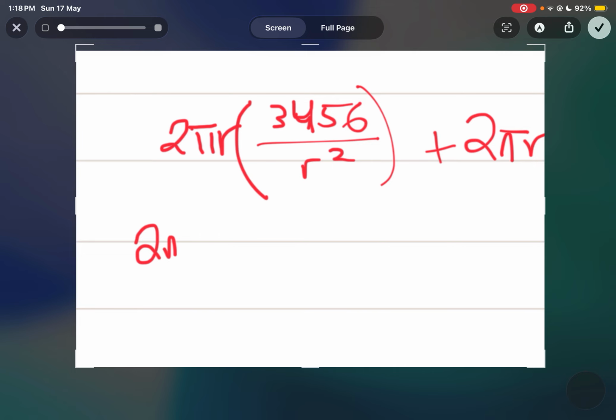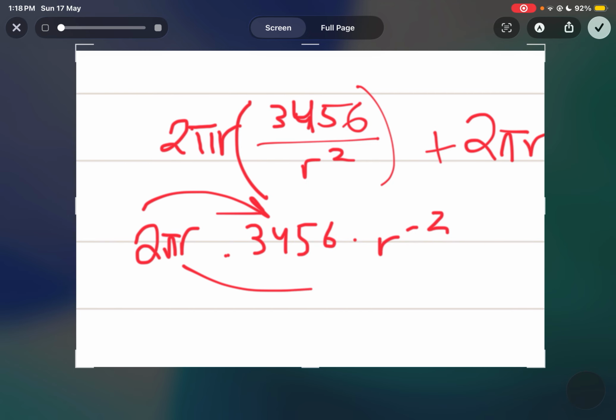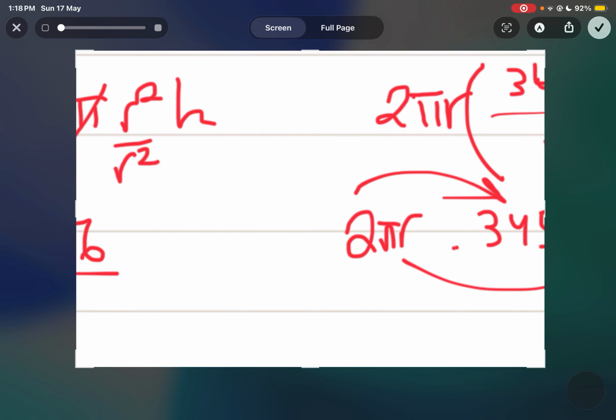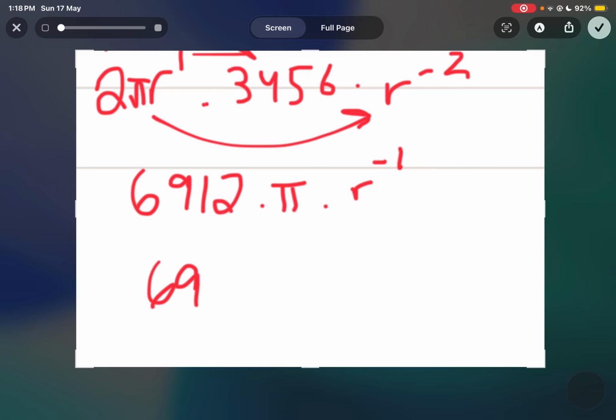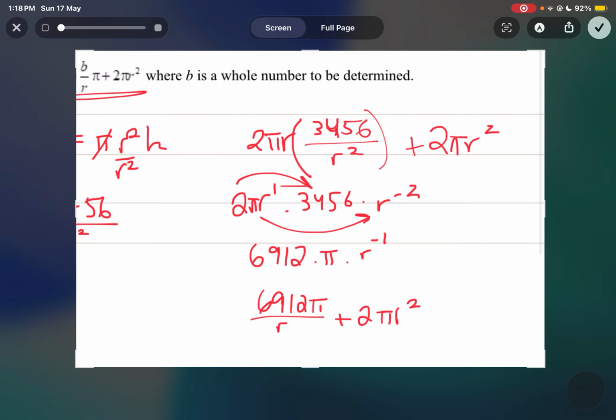So now what you do is 2 pi r times 3456 times r to the negative 2. You times the 2 by this, and you times the r by r. So 3456 times 2 is 6912, I think. Yeah, 6912. So 6912 times pi times r to the power of 1, times r to the power of negative 2. 1 minus 2 is r to the negative 1. And then this one will become 6912 pi over r plus 2 pi r squared, okay?